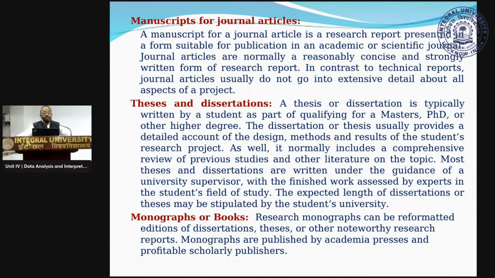Manuscripts and journal articles. A manuscript for a journal article is a research report presented in a form suitable for publication in an academic or a scientific journal. And if you start writing your research papers, you have to take the manuscript number from this university.